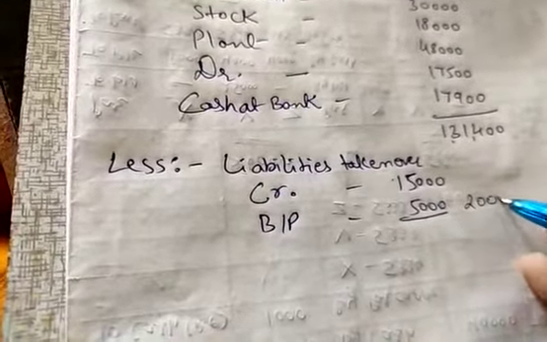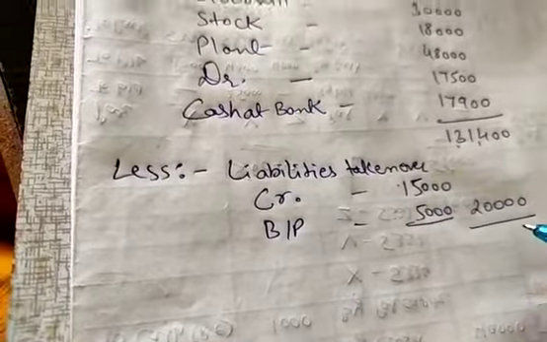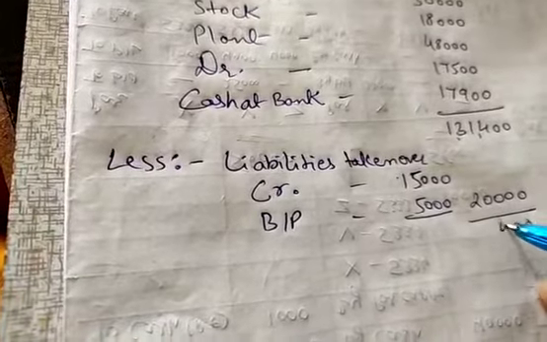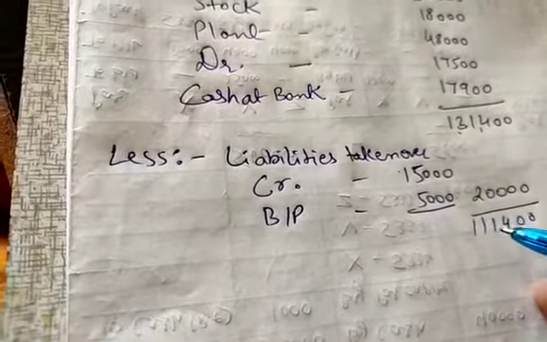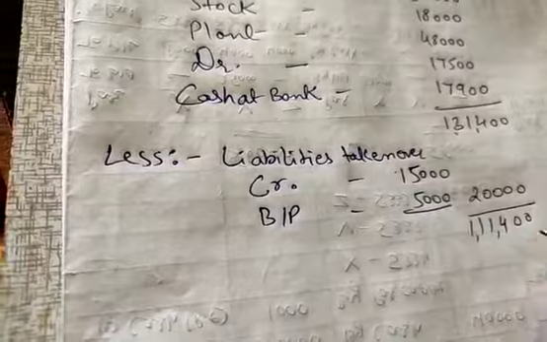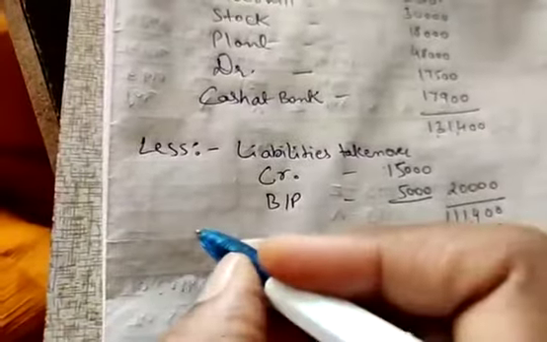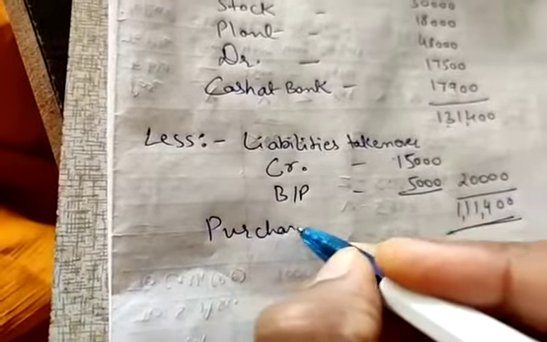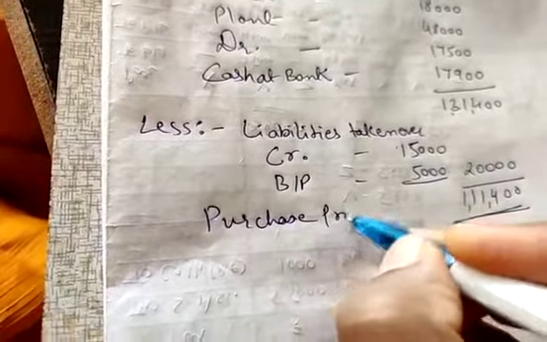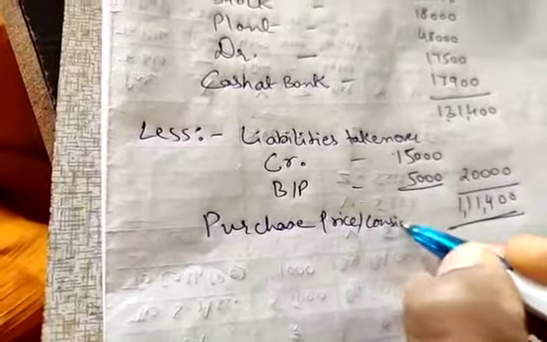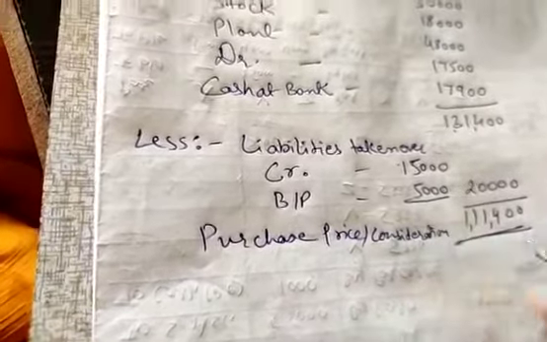So total is 20,000. So if we deduct, we are going to get 1,11,400, and this is our purchase price or consideration.